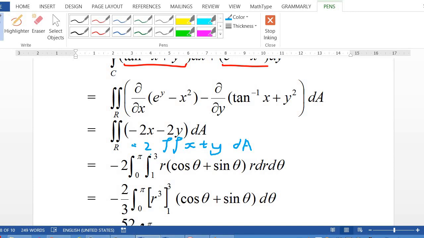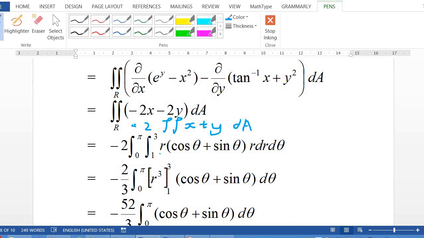X is r cos theta, Y is r sin theta, so factor out r. Now integrate with respect to r. So you have r times r, total is r squared. Integrate r squared where theta is constant. Integrate r squared, r cubed over 3. So it becomes negative 2 divided by 3.